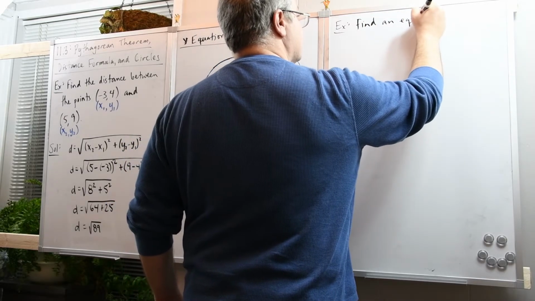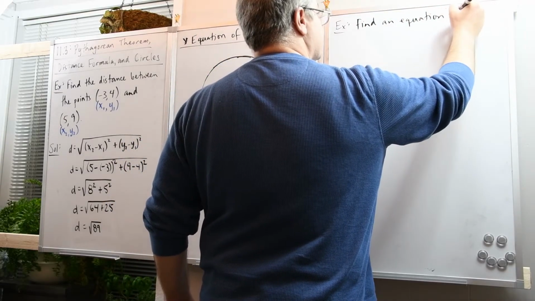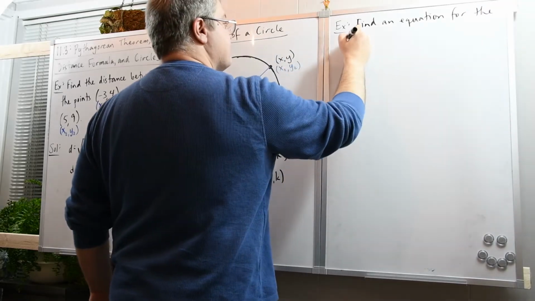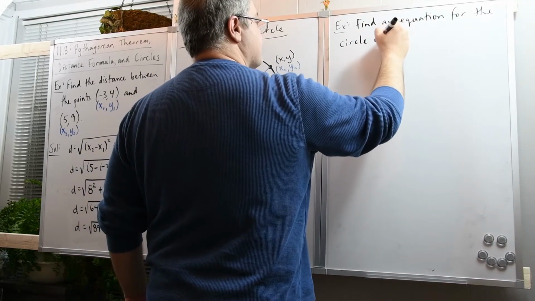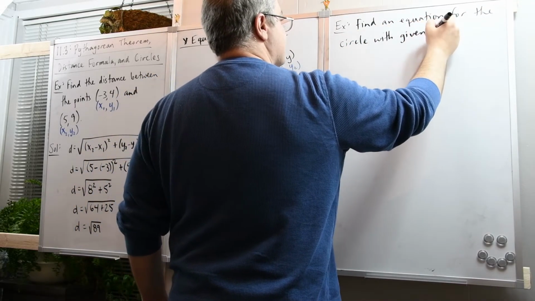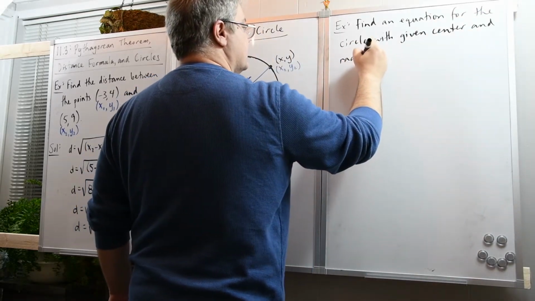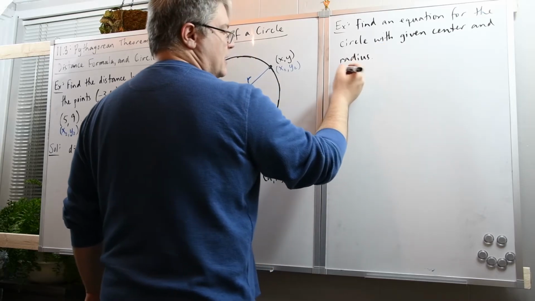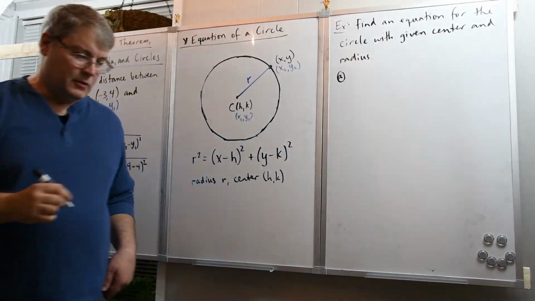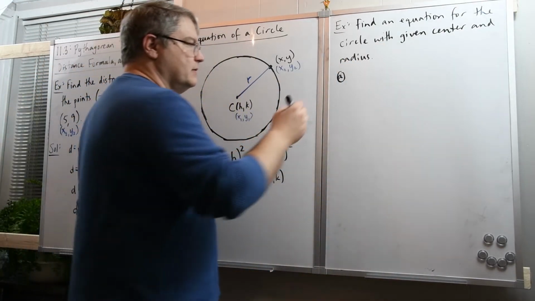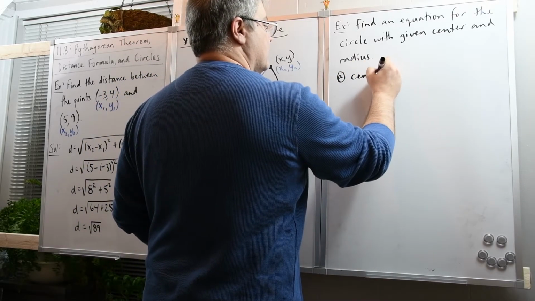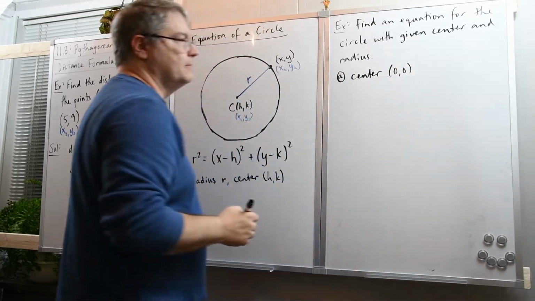Find an equation for the circle with given center and radius. And I'll do a couple of these. So let's suppose that we start out with center at the origin.